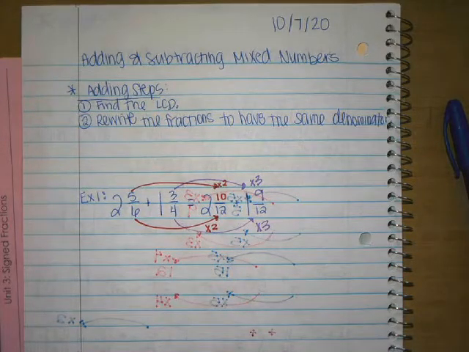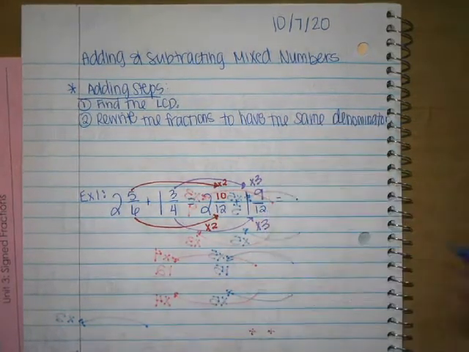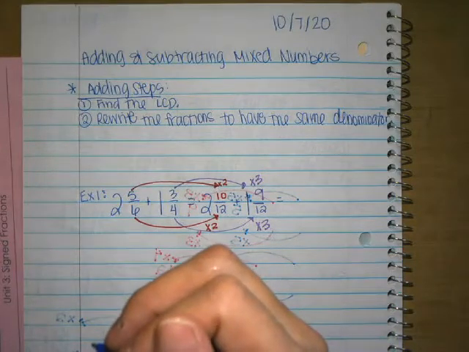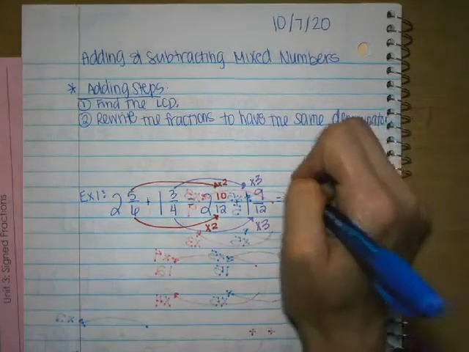Okay, now, what was our next step when we did just fractions? Added what? And then we kept the, so that's still step number 3. So still add your numerators, which is what? 19 over.